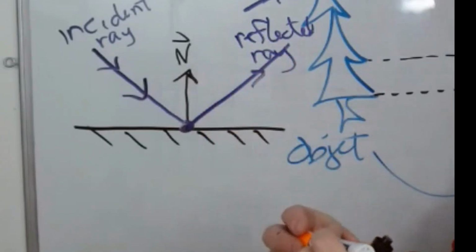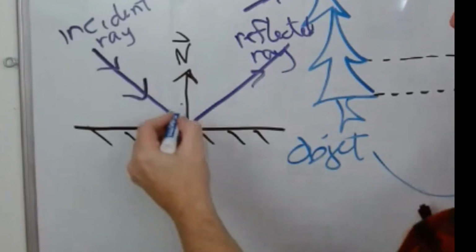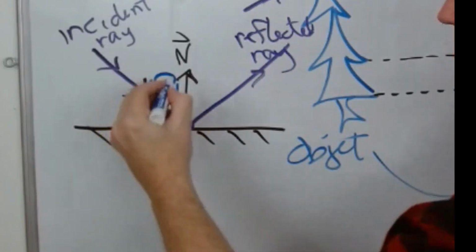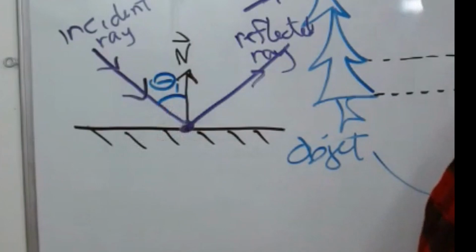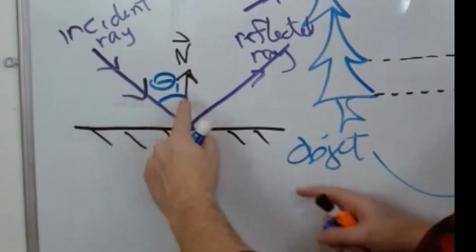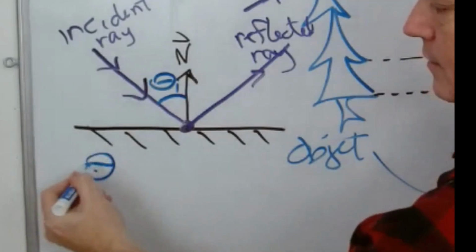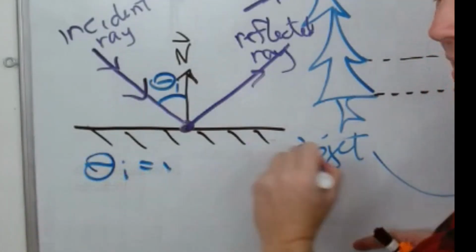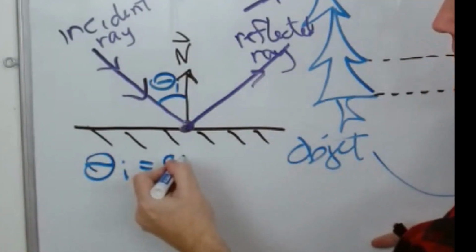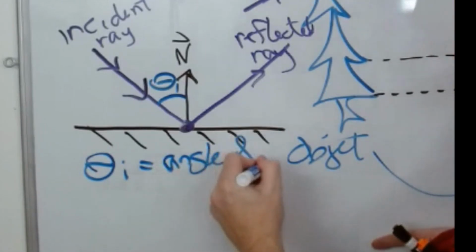And something that is interesting is the fact that we have two angles to keep in mind. We have this angle here, which is called the angle of incidence, the angle between the normal and the incident ray.